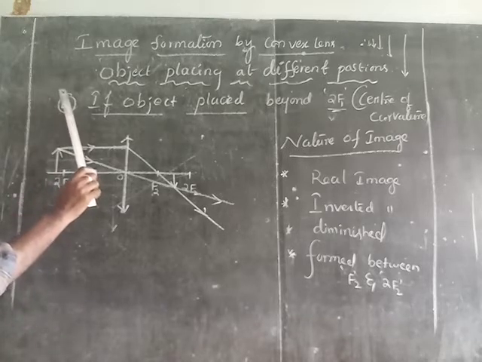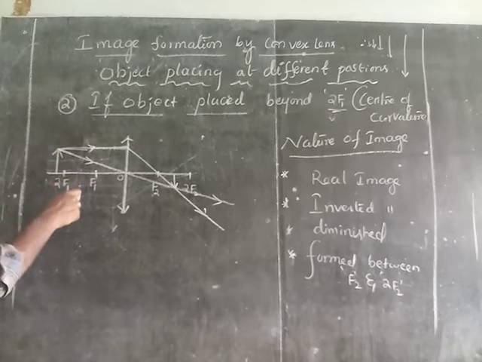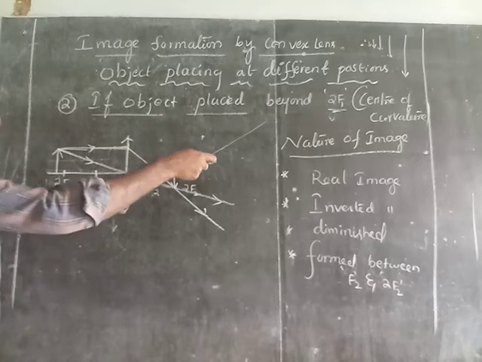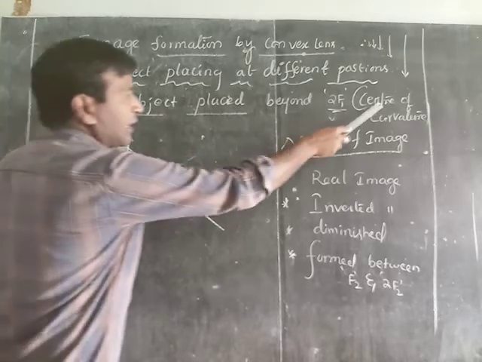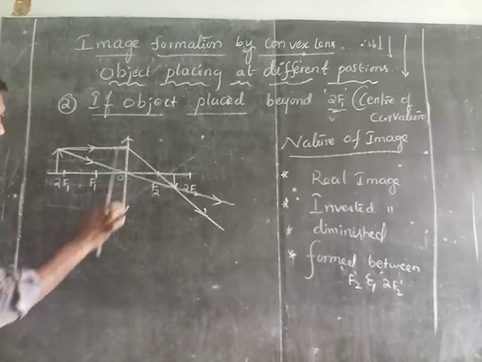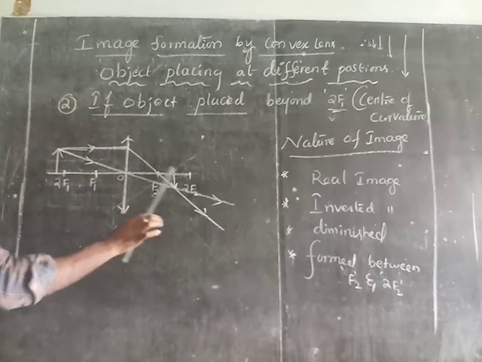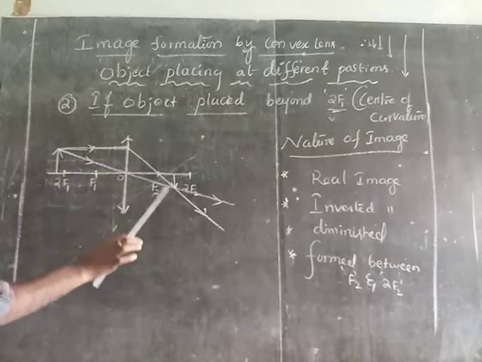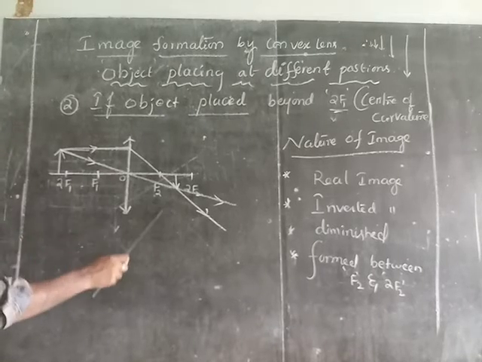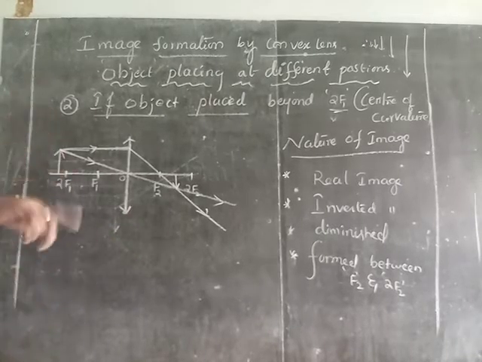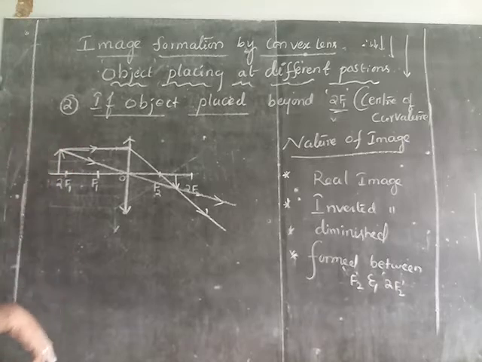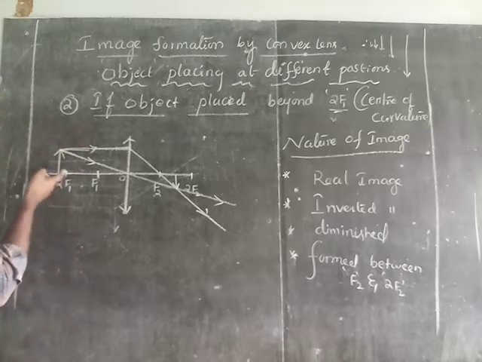Second ray diagram: object placed beyond 2F1, at the center of curvature. First draw the lens, then the principal axis, maintain equal distances, and mark the labels F1, 2F1, F2, 2F2. How do we follow the rules to construct the ray diagrams? Object placed beyond.